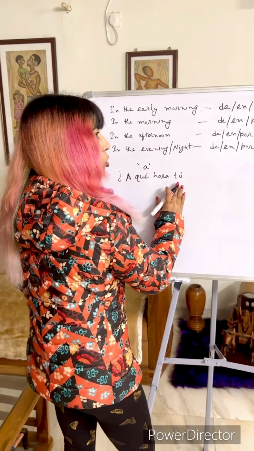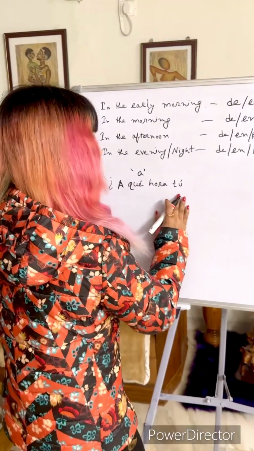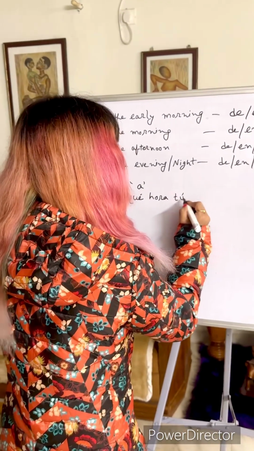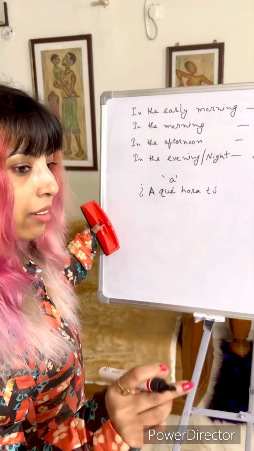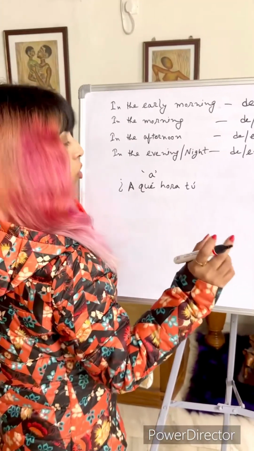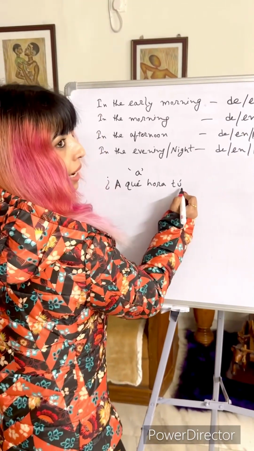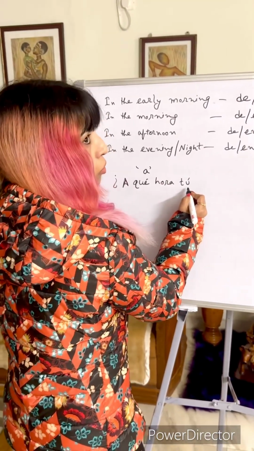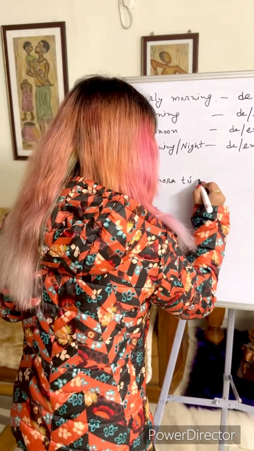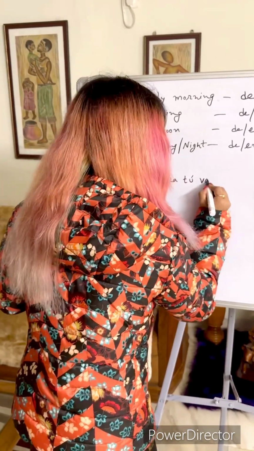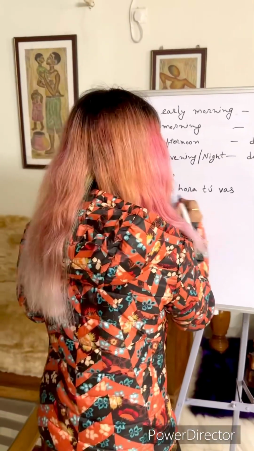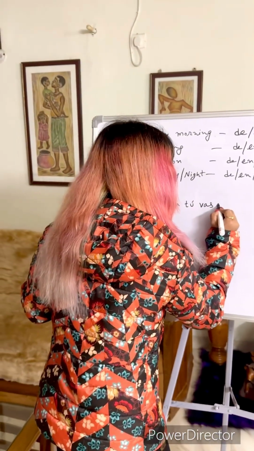It's not necessary to use this pronoun, but I am using it for now. A qué hora tú. And go is ir, the verb ir means to go, and the tú form, second person singular, of ir is vas. A qué hora tú vas.